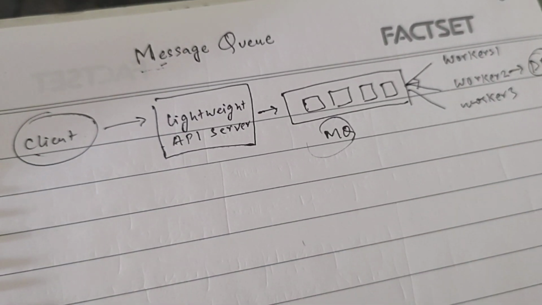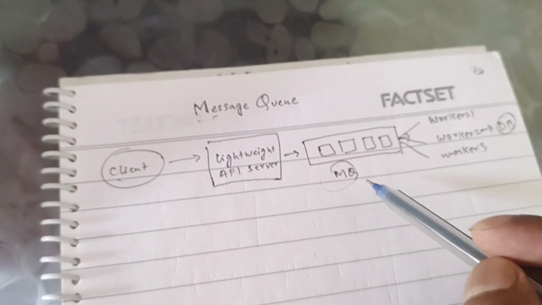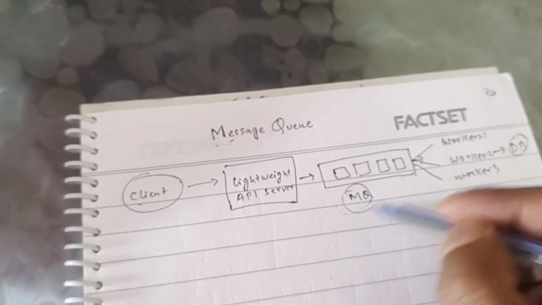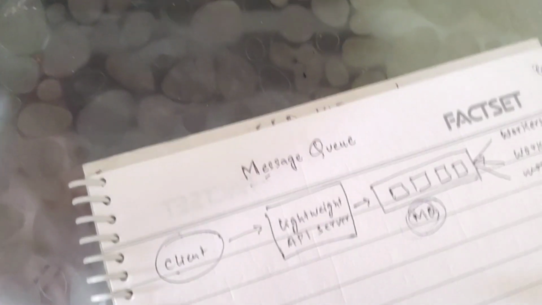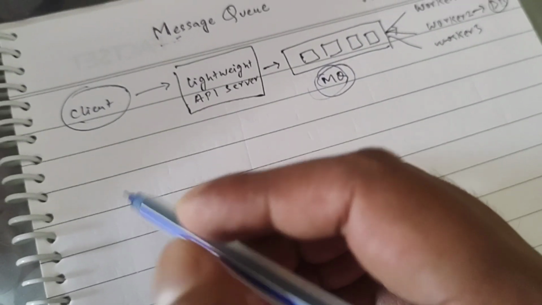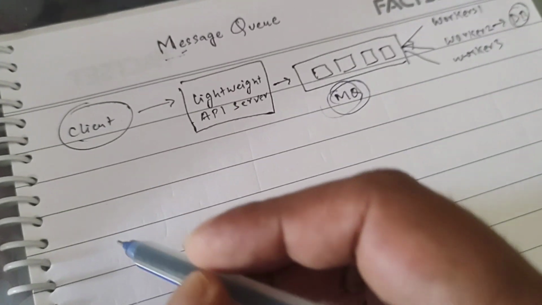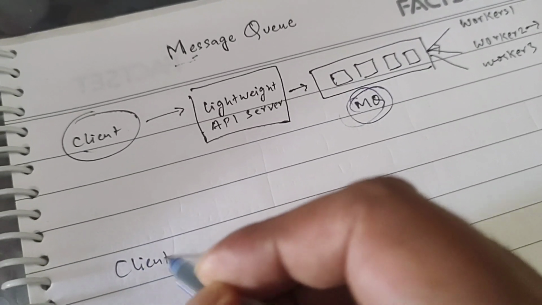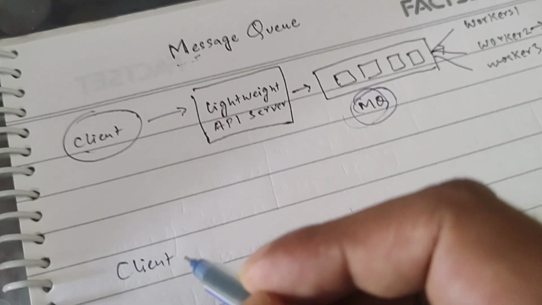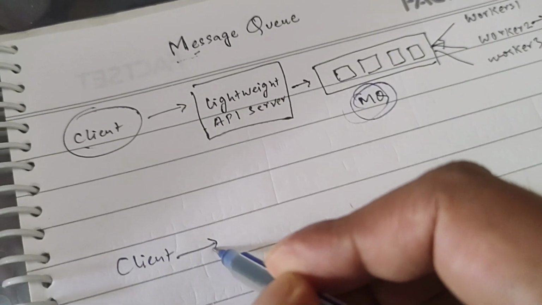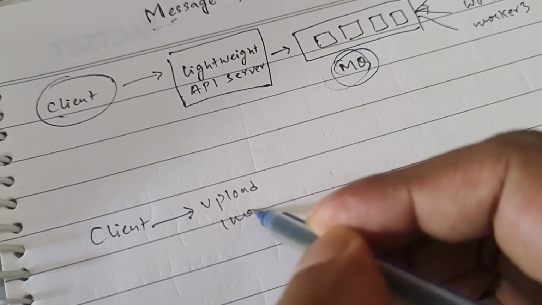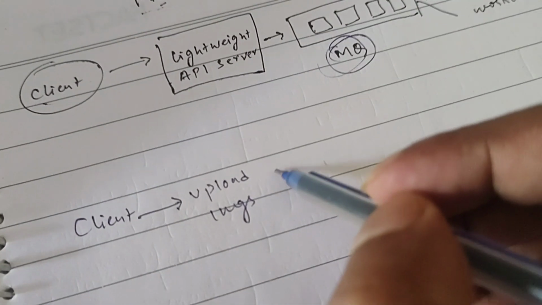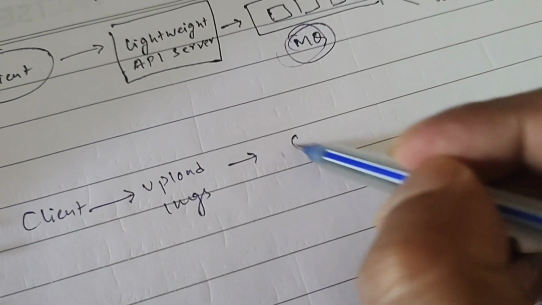So let's start by understanding what problem it addresses. Why have we introduced this message queue into our system design? Let's understand one simple architecture. Say we have a client trying to upload images, and this directly hits our server.